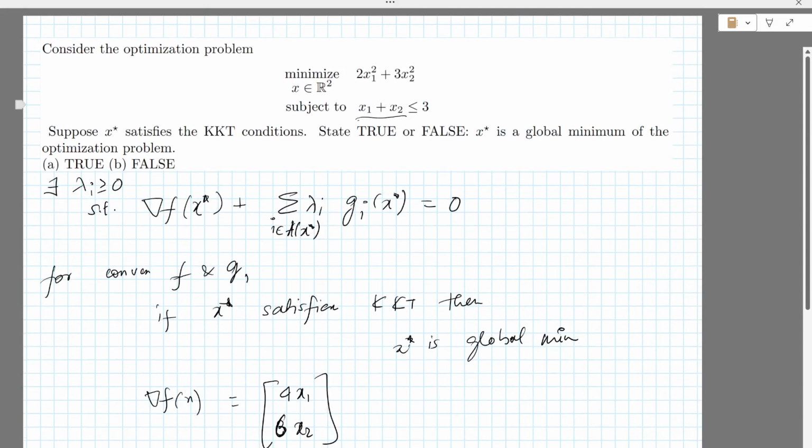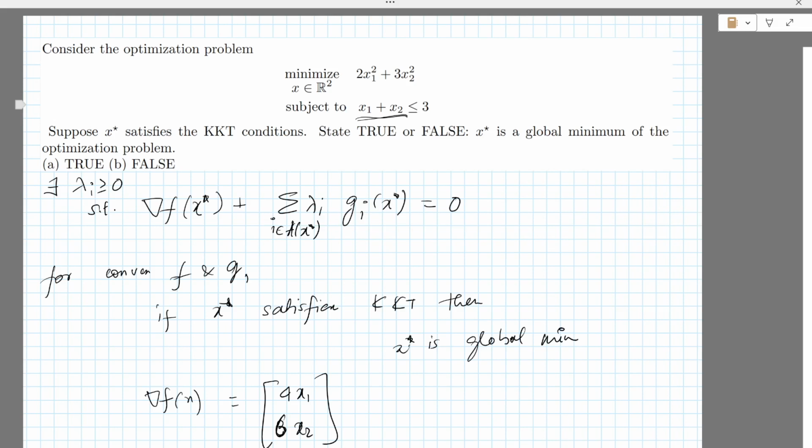And this is a linear function, so this is also convex. A linear inequality is convex, and a linear equality is also convex. An inequality with a convex function is also convex, but an equality with a convex function is not convex. So we have a linear inequality, so it is convex.